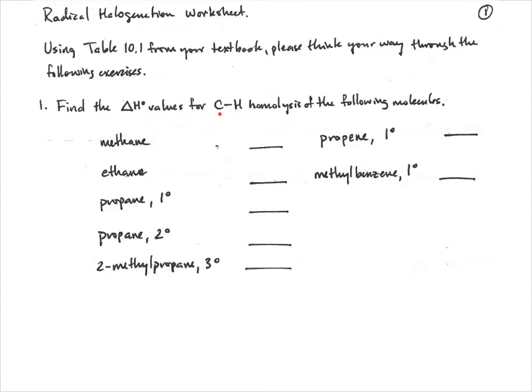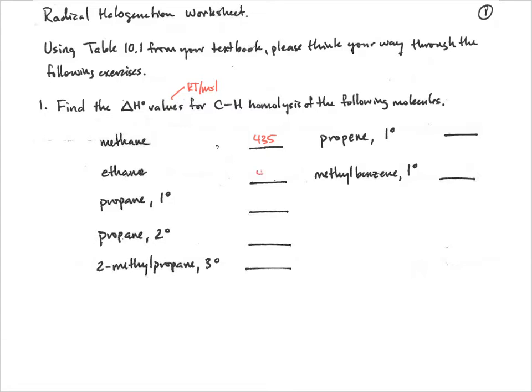And again, keep in mind what we're doing. We are looking for the specific CH bond in each of these types of molecules. So methane is 435. Again, I'm not going to write the unit because it's going to get pretty repetitive, but keep in mind we're using kilojoules per mole.